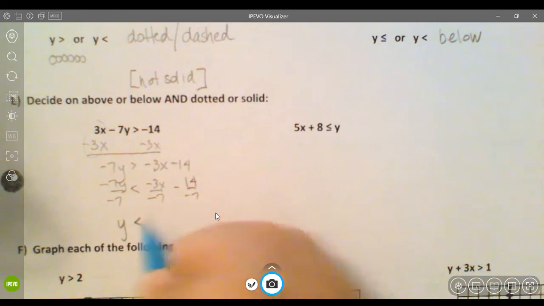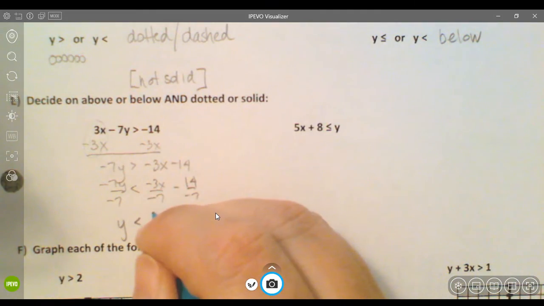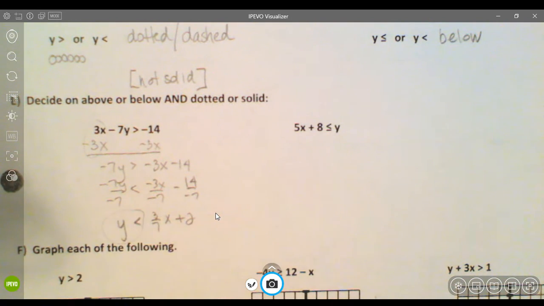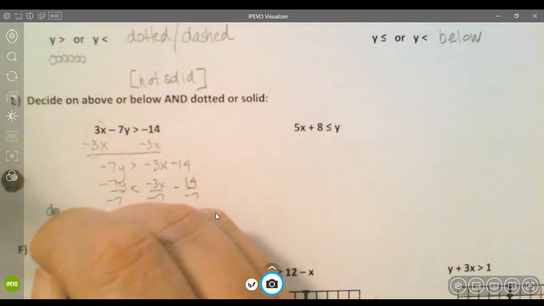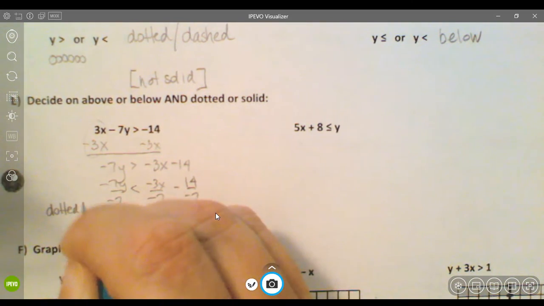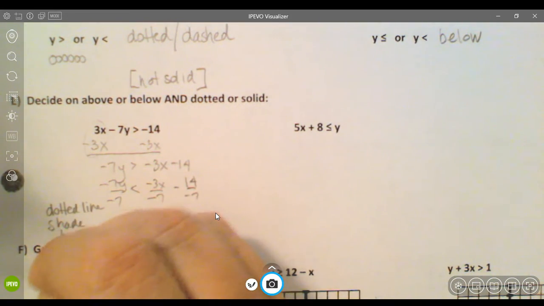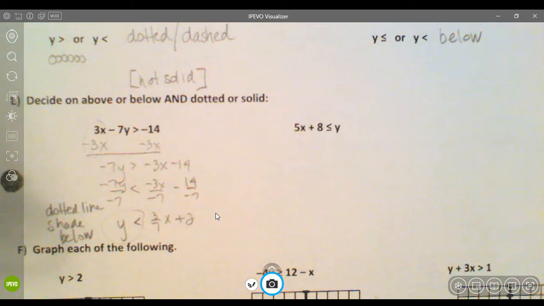So we get y is less than. I really don't care about this. I mean, I want it to be correct, but that doesn't matter. All that matters is this. Okay, so we'll have a dotted line here, and we will shade below.